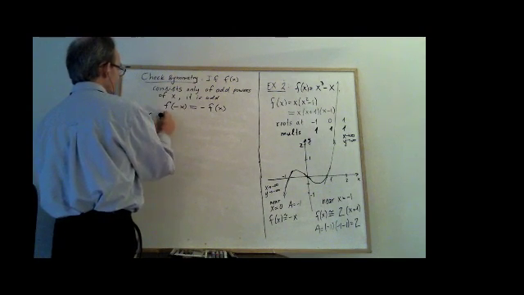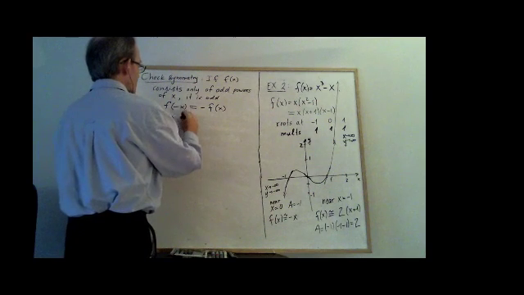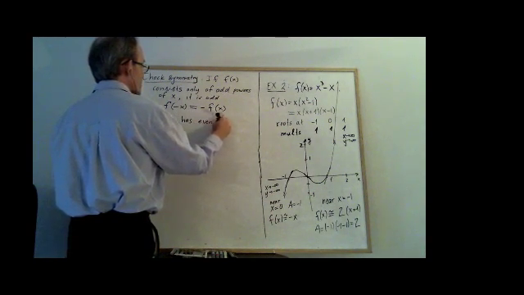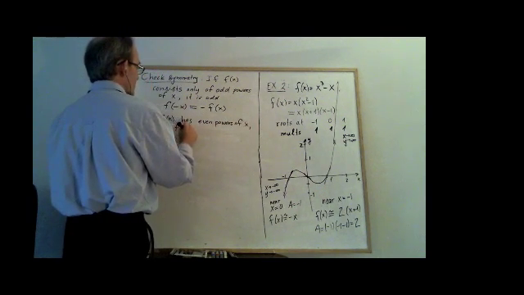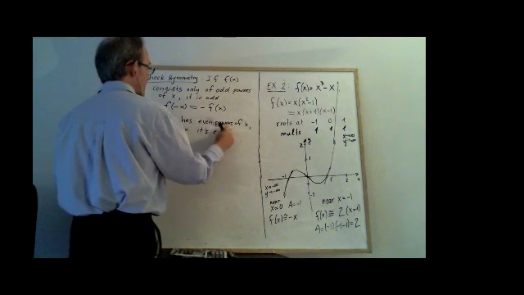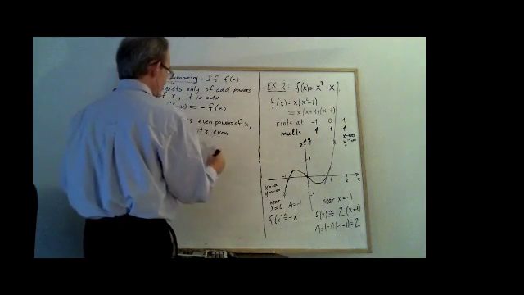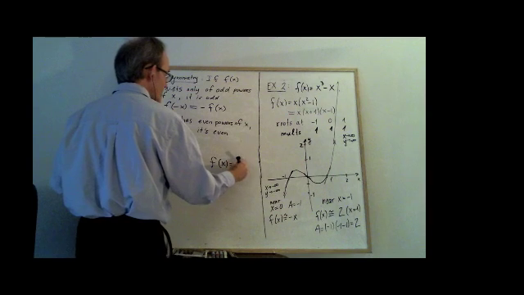Likewise, if f only has even powers of x, then it's even. So if you plug in minus x, that will be the case, for example, if you have f of x equal to x squared minus 1.